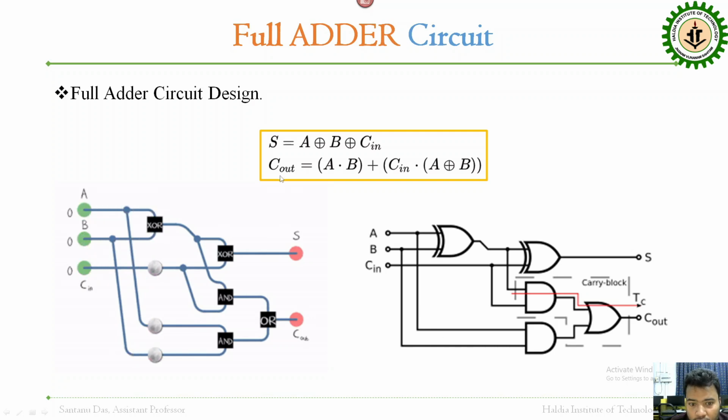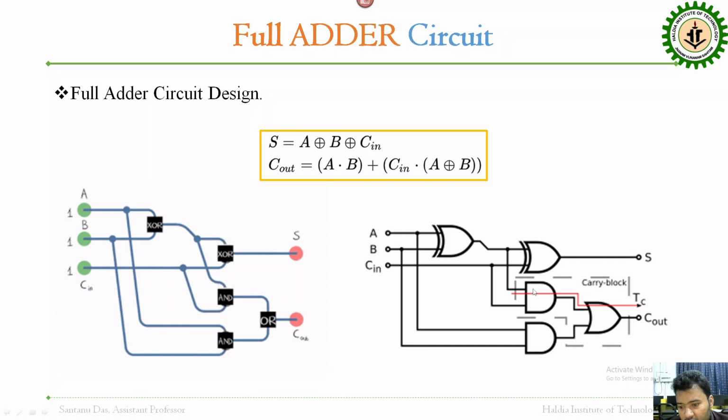Now we have to implement the carry also. Here in our carry we see that the first expression is A and B. So we are taking A and B and passing through an AND gate, giving our desired result as A and B. Then the next expression is C into A XOR B. We already have A XOR B here.